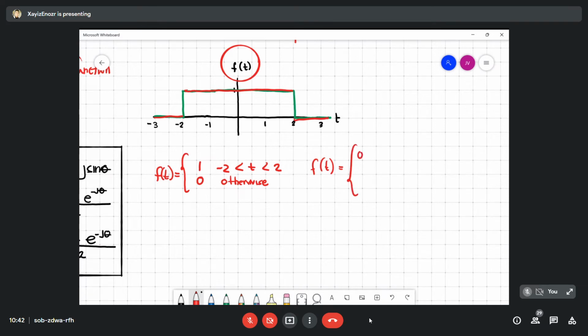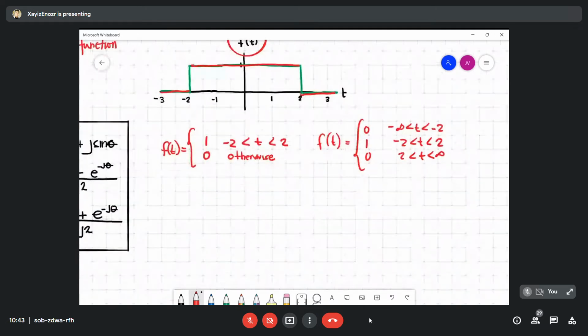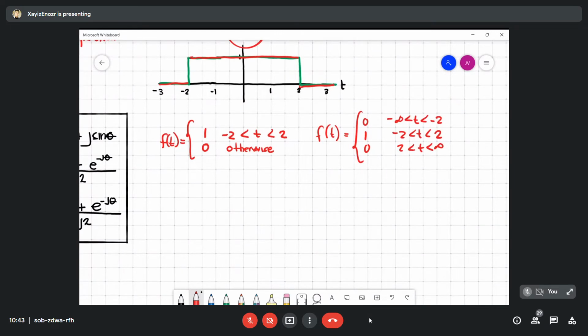So 0, 1, 0, pwede rin from negative infinity to negative 2, then negative 2 to positive 2, then from positive 2 to positive infinity. So pwede rin ganito, or kung gusto ma-shorthand, ganito na lang. Okay? So ayan.